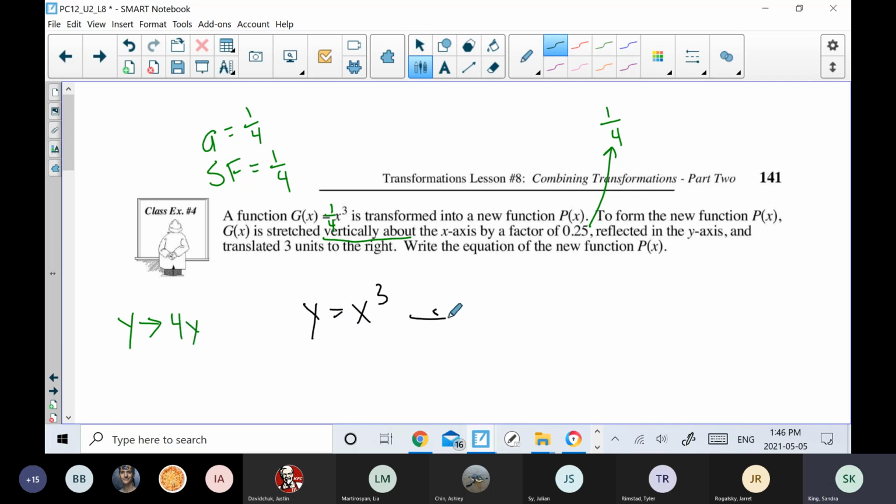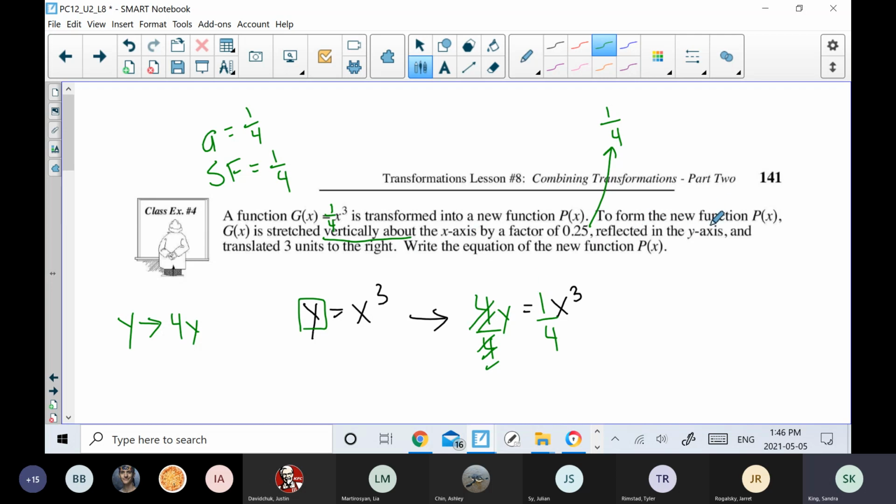So I'm going to take out this y and plop in a 4y is equal to x cubed. Now I need to get rid of that 4 by dividing that side by 4 and this side by 4, and there's an invisible 1 there. Now I have y is equal to 1/4 x cubed. That's my a value right now. It is in front of my function.